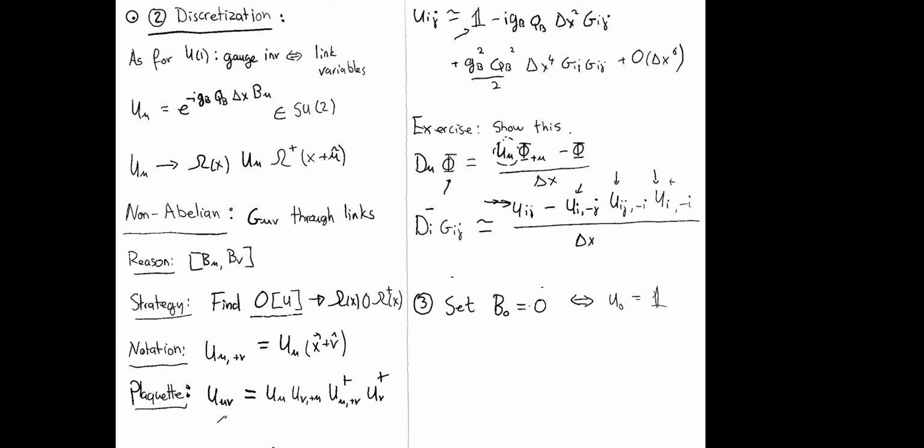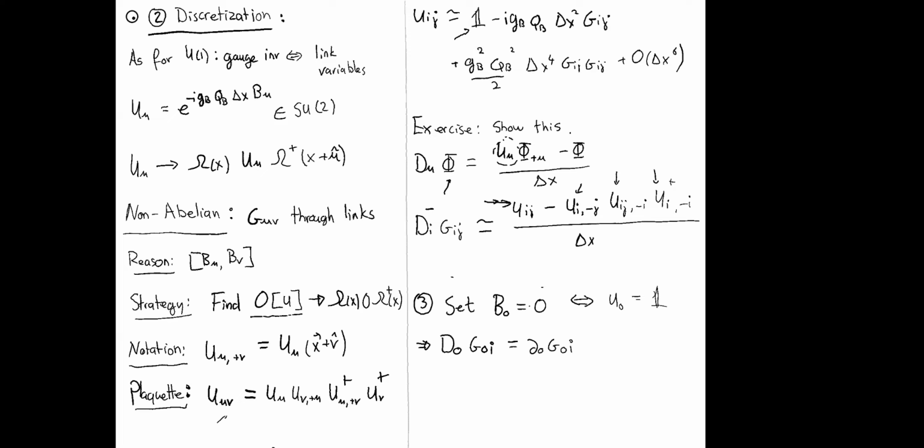And once you're in temporal gauge, it makes things much easier because the conjugate variable to Gij, so the electric field, the non-abelian electric field if you want, is equal to D0 G0I.